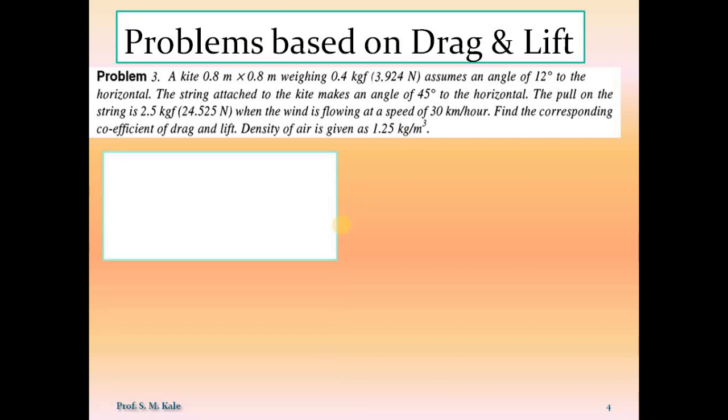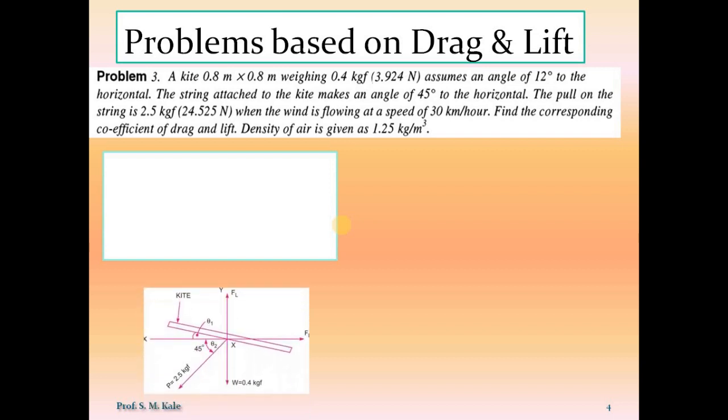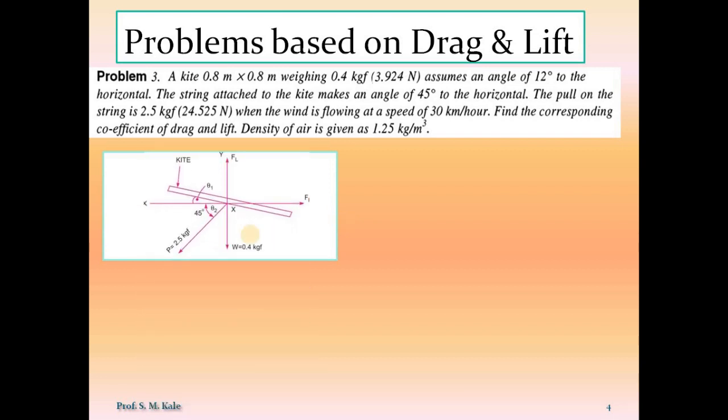So first of all, we will understand the problem with the help of a diagram. So this is the kite which has an area of 0.8 into 0.8 meter square, and the weight of the kite is nothing but 0.4 kg force, that is nothing but 3.924 Newton.